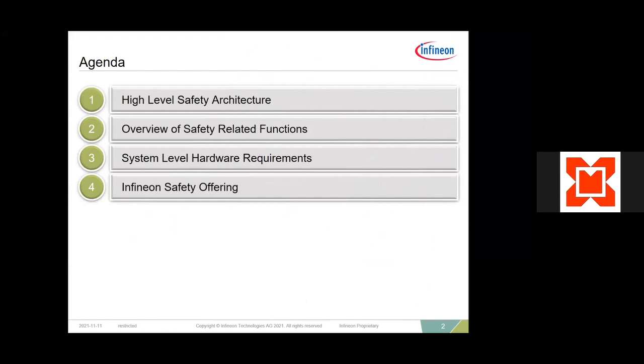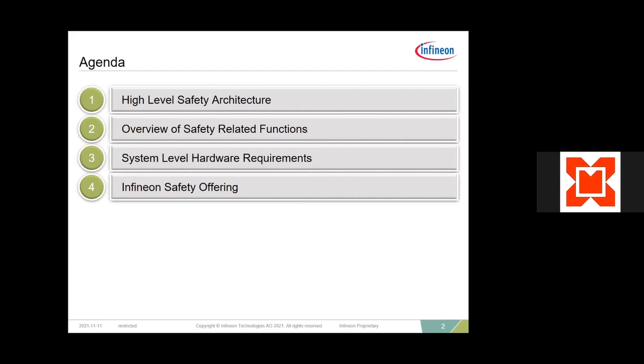Here, as a part of the safety concept in Aurix, we will see what are the main elements which constitute detecting the faults in the system, notifying the presence of these faults to the user, taking necessary actions, and also achieving the safe state before any hazardous event takes place. Right, so we will see all the main elements in high-level safety architecture.